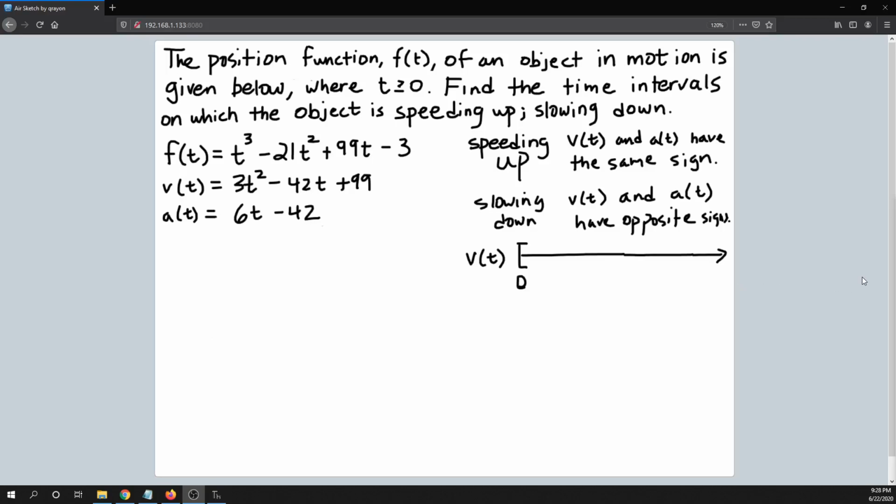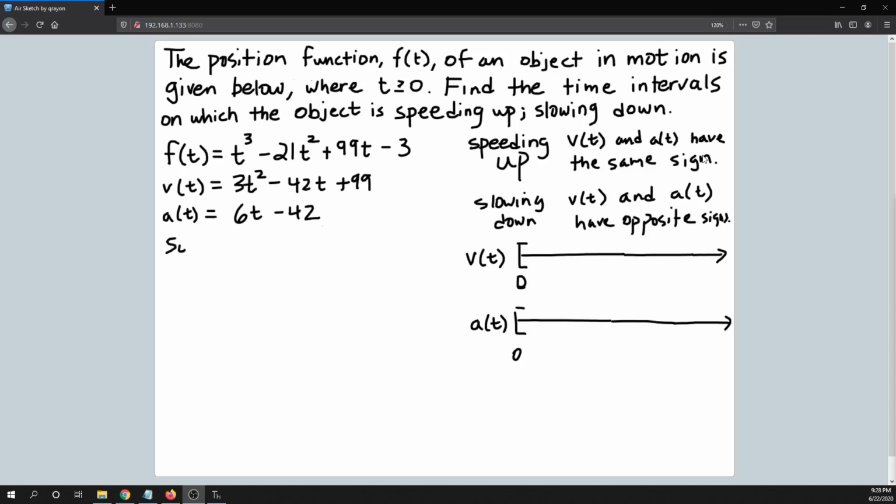After that, we are going to make a sign diagram for the acceleration function. I usually like to line that up right underneath the one for the velocity, because we're going to have to look at both of them at the same time, like so.